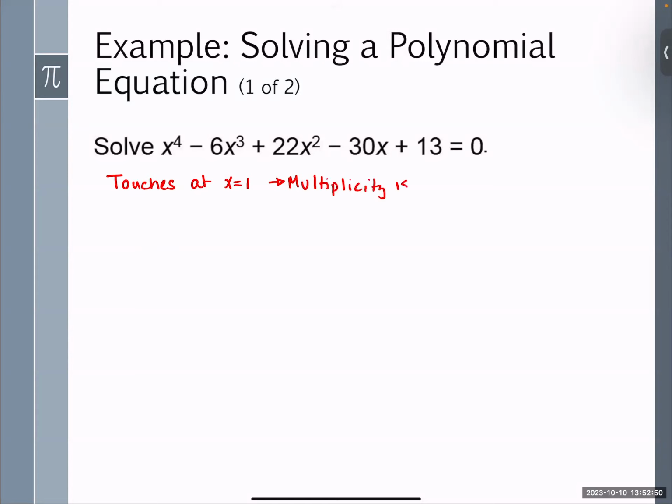If it touches the x-axis at a particular zero, its multiplicity of that factor is even. So the factor x minus 1 is repeated an even number of times.